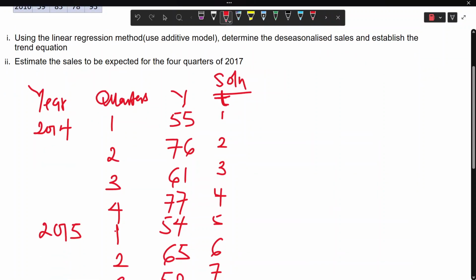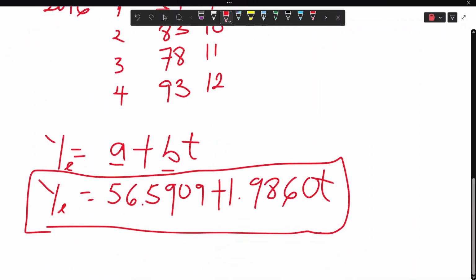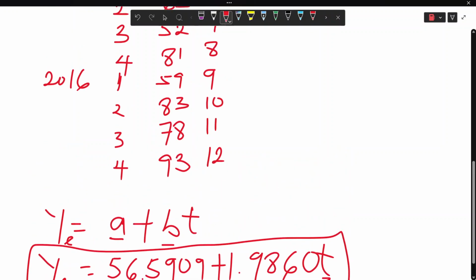So these are trend, that's Y hat, that's the trend. Given that T is equal to 1, we put T in this equation to find the trend values.